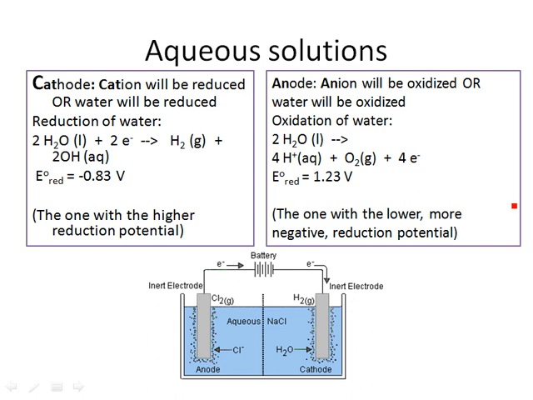I wrote the reaction there for water, but it's on your chart, located at negative 0.83 volts. So you're going to have to make a choice. My cation or water, which is it going to be? The way you pick is the one that's higher between the two will be at the cathode.